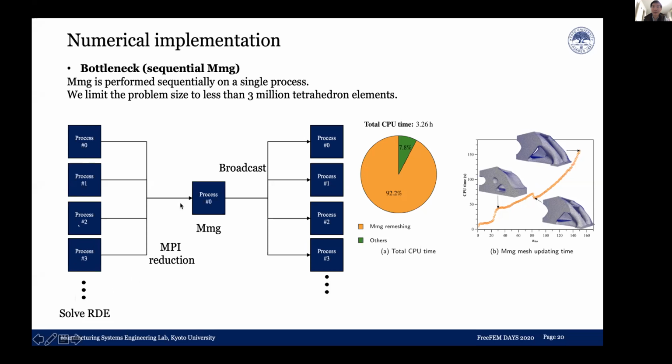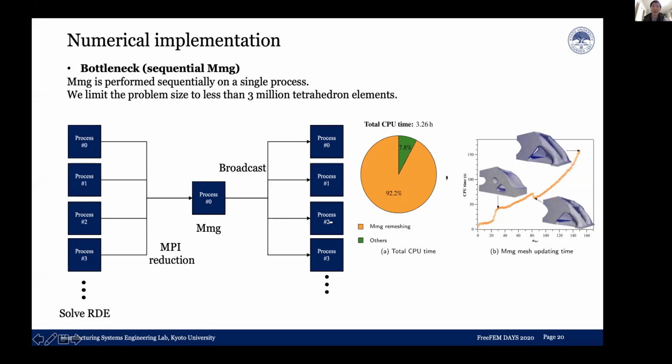And then we have the global input mesh from the current iteration, as well as the global level set function. So then on process 0, MMG will start to evolve the mesh. And then after the new mesh is generated, it will be decomposed again using the mesh partitioner, and then finally broadcast to the rest of the processes.